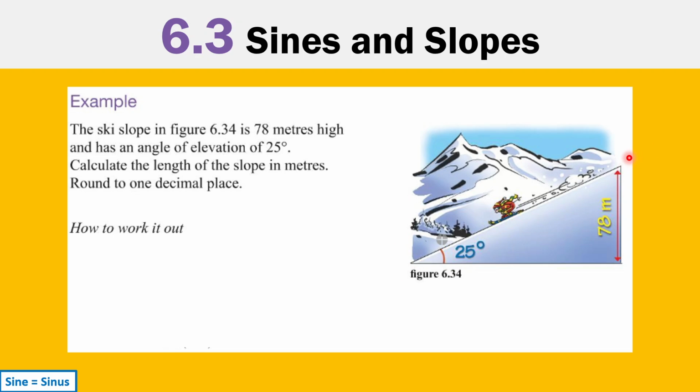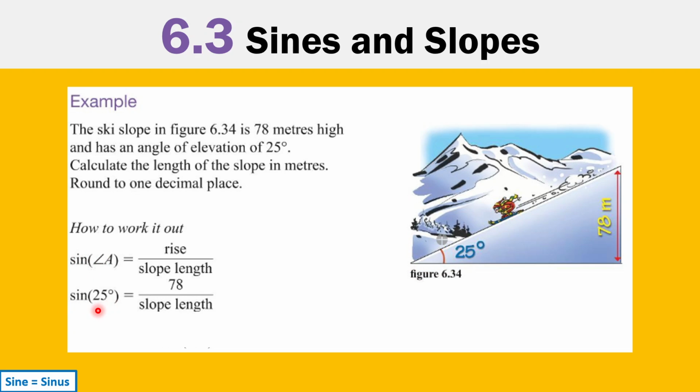But we can do it a lot faster now, because the sine of angle A is equal to the rise divided by the slope length. You can also say that's the same as the opposite side divided by the hypotenuse. That's how we're going to take a look at it in 6.4, so get ready for that as well. I know the rise, I know the angle of elevation, so I can fill that in.